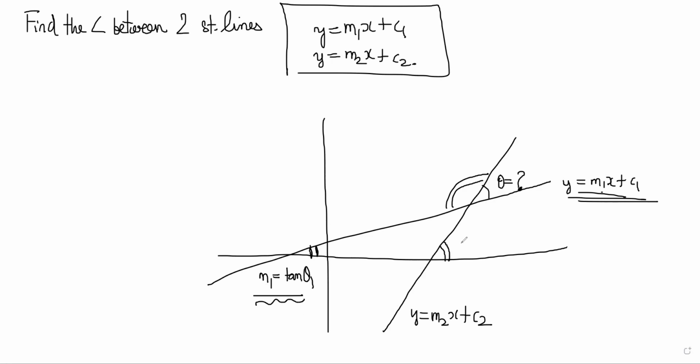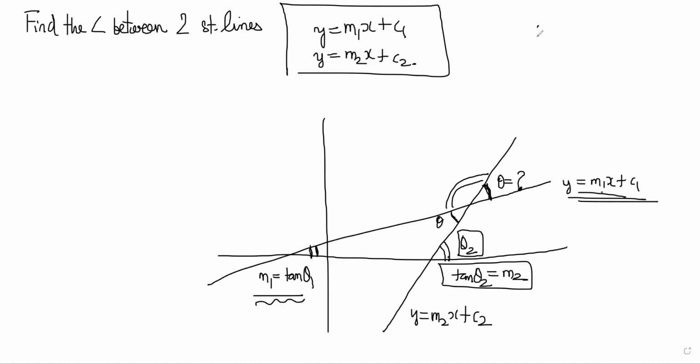And this angle, if we call theta 2, we should say tan theta 2 should be your m2, right? So now consider that if I want this theta, that is equal to the vertically opposite theta, and in this triangle, the exterior angle is equal to the sum of the interior opposite angles, right?